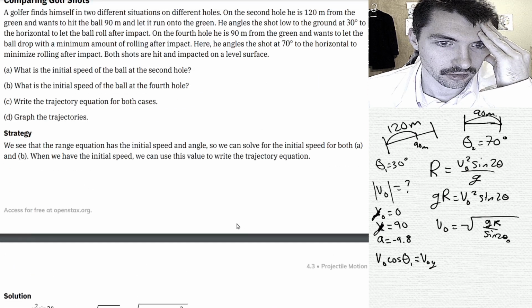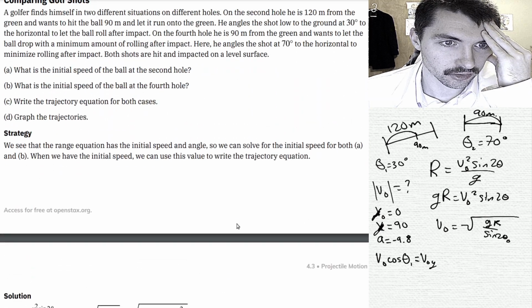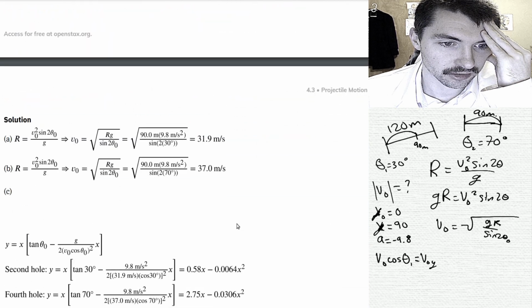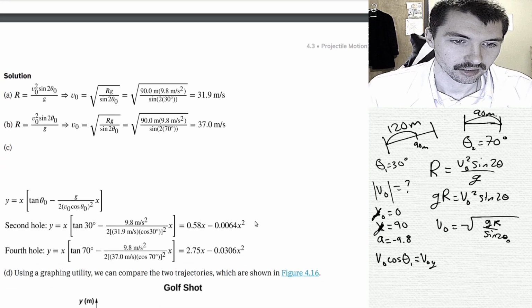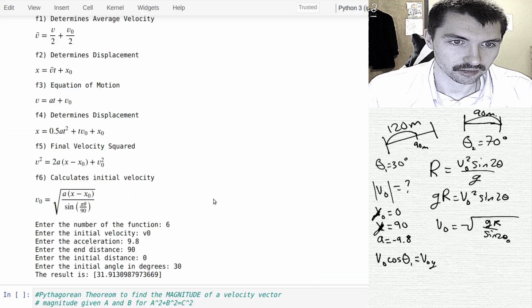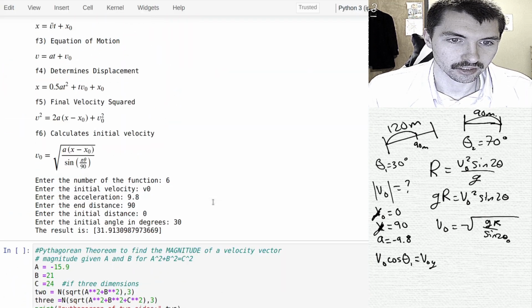Part C, they're doing the direct trajectory. Okay, so now we need to add trajectory.